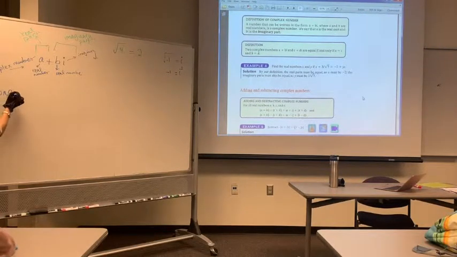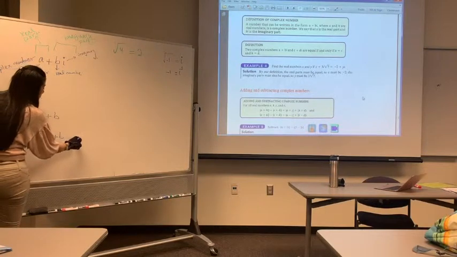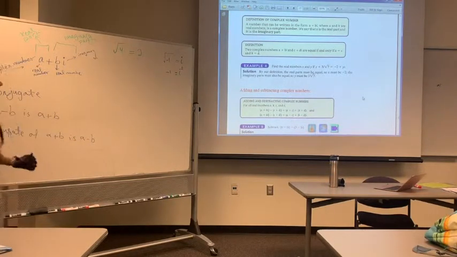We already talked about conjugate. The conjugate of A minus B is A plus B. The conjugate of A plus B is A minus B. So now imagine you have a complex number.